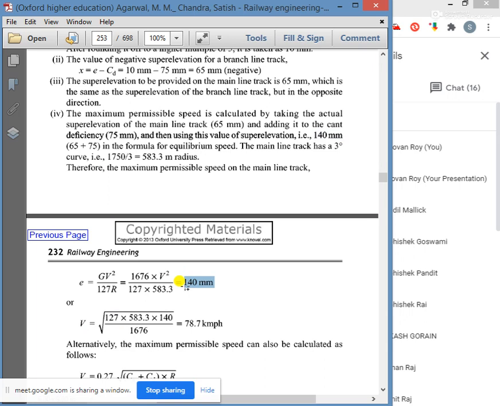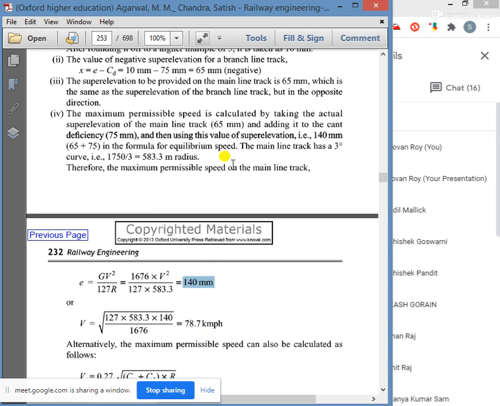But the actual superelevation provided on the track is 65 mm, while the speed of the vehicle is 78.7 kilometer per hour, which is for 140 mm.